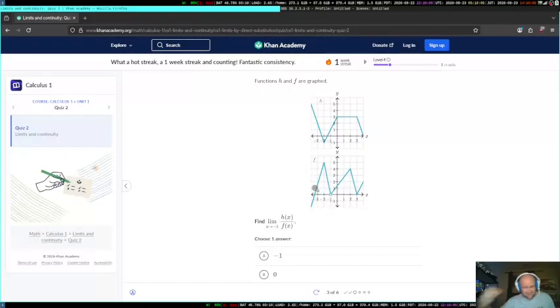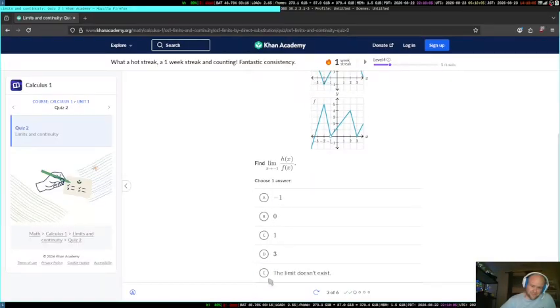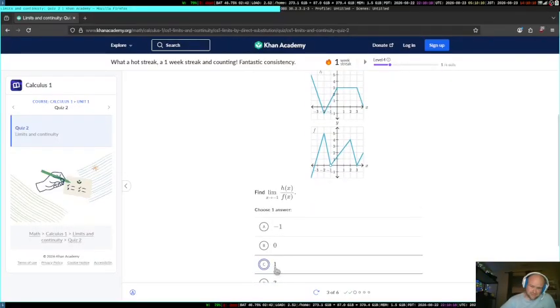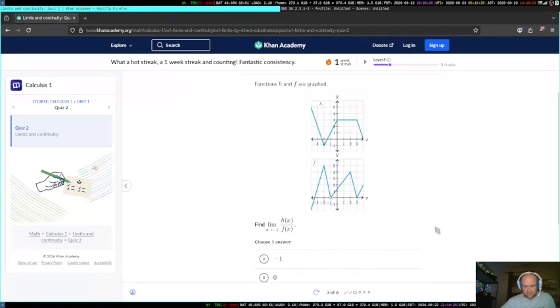I would say infinity would be my guess, or it doesn't exist. My answer would be positive infinity, but of the answers here, I will go with that one. Because f goes to 0.